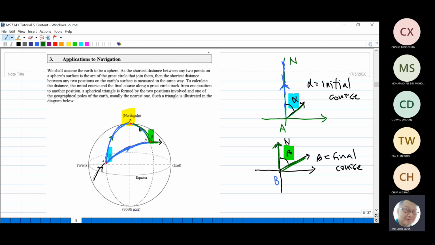And then from B to the North Pole, I measure the angle along the track and direction of movement. That's called final course, right? So just to give you the idea where this can come from.